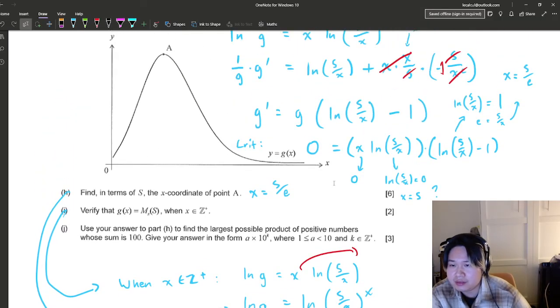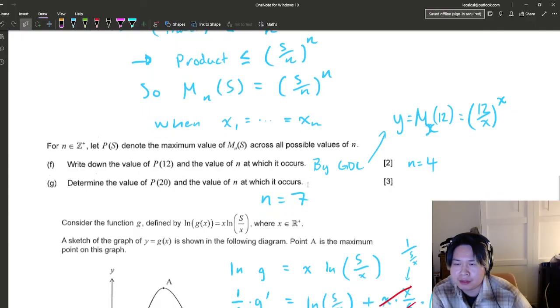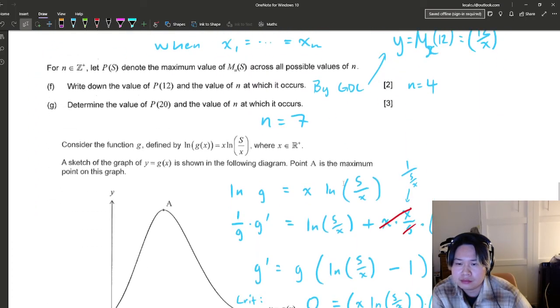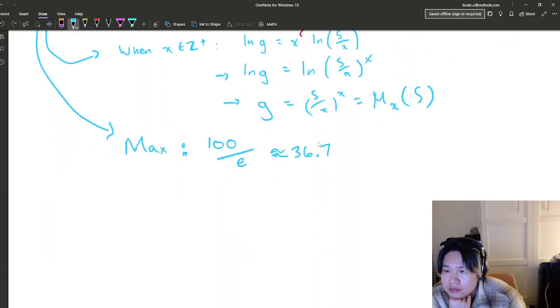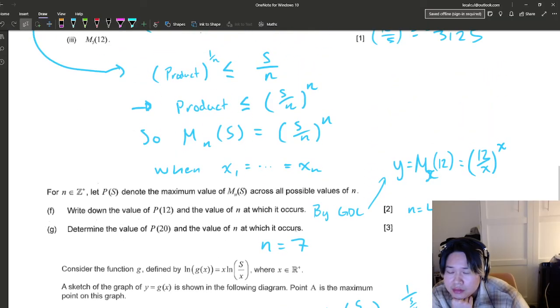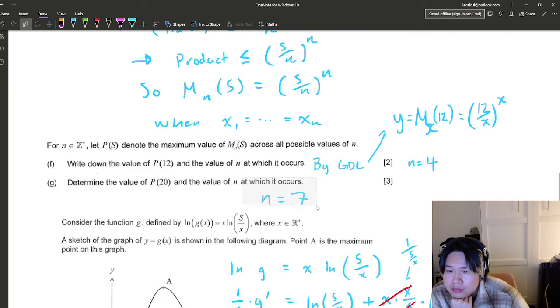Okay, and then we've seen from the pattern before that we're rounding down. Right? Like here, by these ones, right? By GCD.